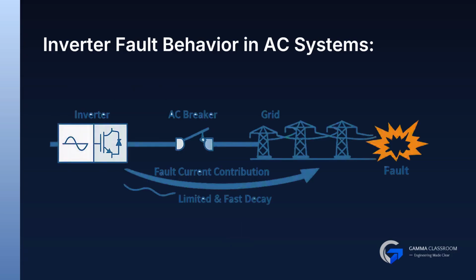Inverter fault current is limited by control electronics, typically from 1.1 to 1.3 per unit for 2 to 4 seconds. The grid is the greatest contributor, which directly affects breaker sizing.